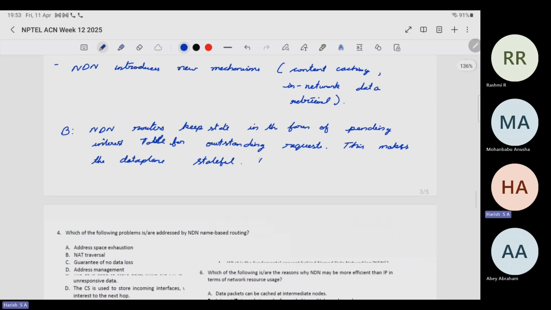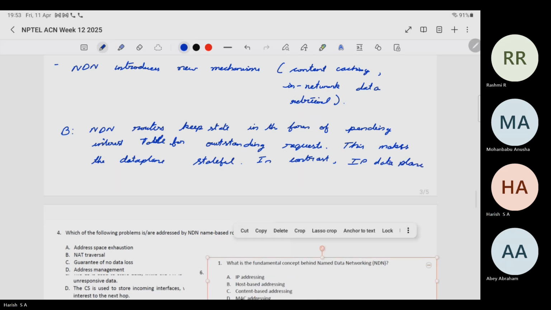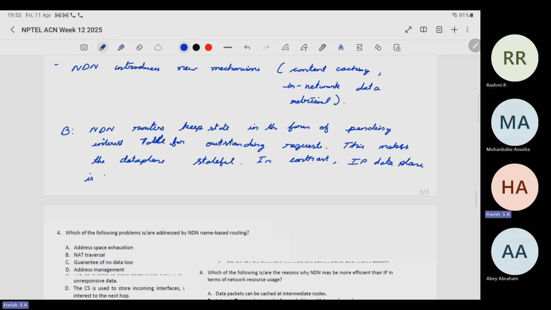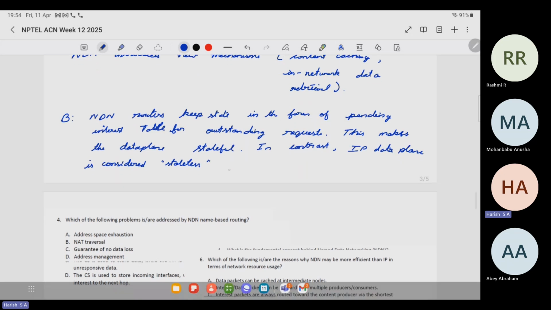In contrast, the IP data plane is considered stateless with respect to per packet forwarding.